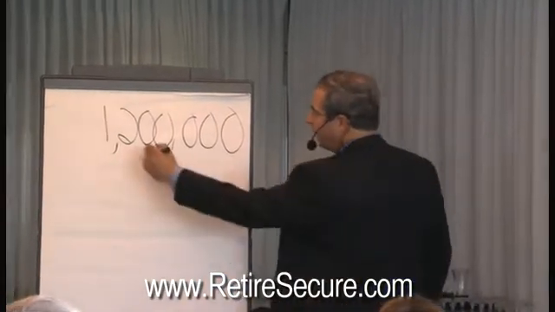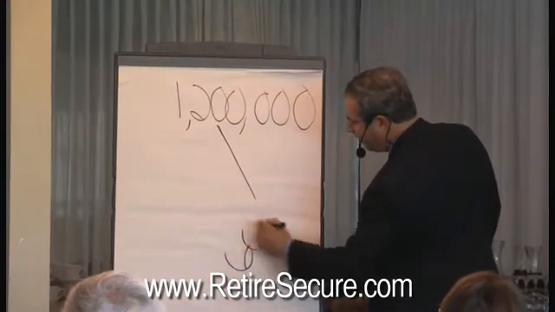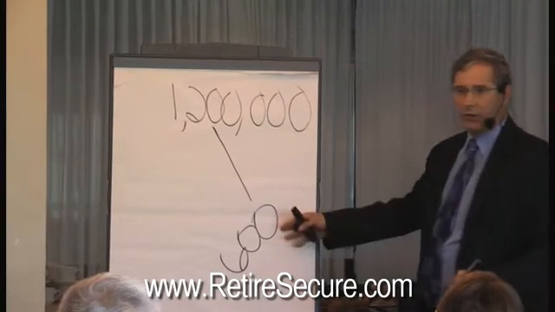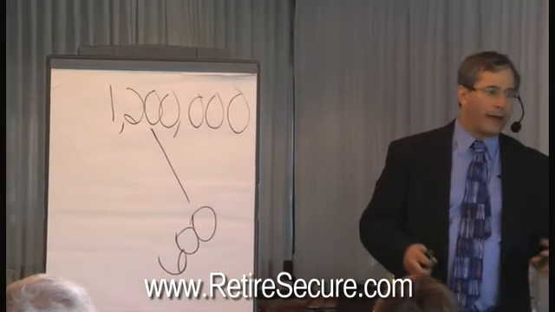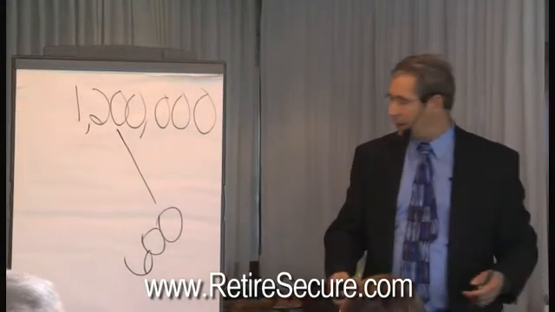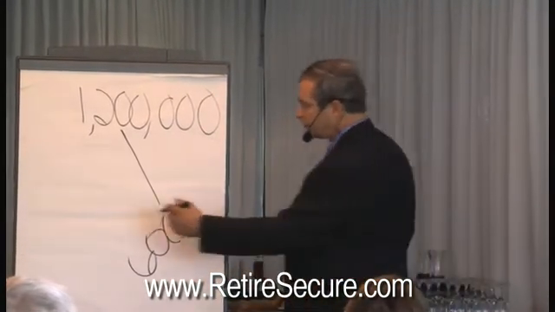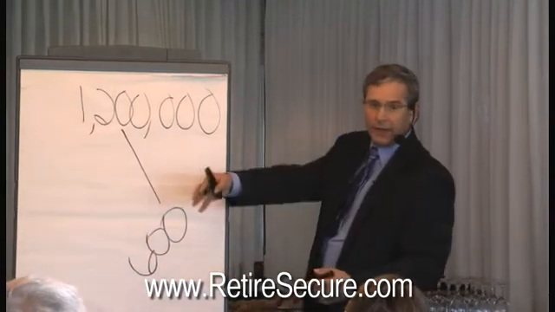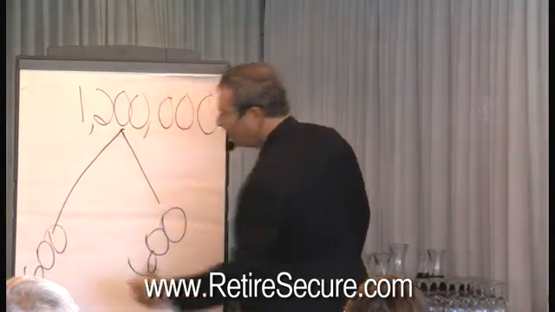So they used to make a trust. It was called the B Trust, and they would direct $600,000 to this trust. And the terms of the trust were health, maintenance, support, and income. And at death, it goes to the kids. The other $600,000 would go to the spouse.